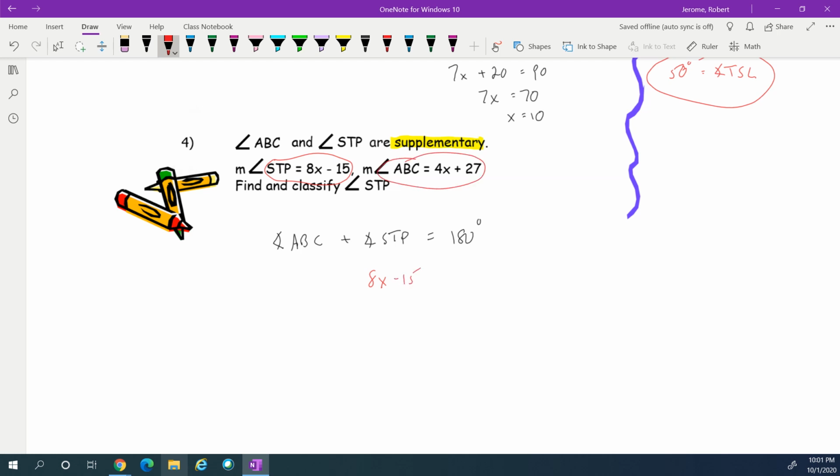And they gave us ABC, 4x plus 27. We're adding them to 180. It's 12x plus 12 equals 180. 12x equals 168. Divide by 12. X equals 14.